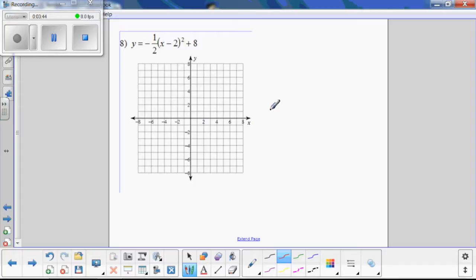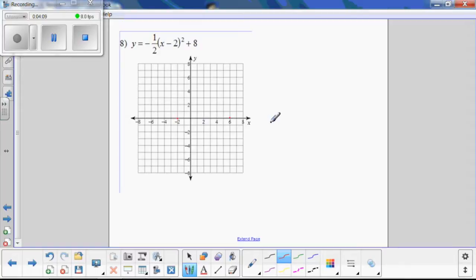And your paper asks you for the x-intercepts, the y-intercept, the minimum, or the maximum. So if I hit the graph button on my calculator, I see that one of my x-intercepts is at -2. The other one is over at 6.